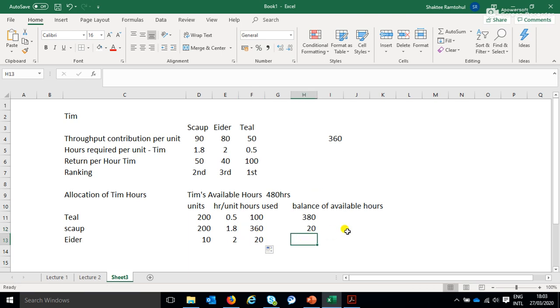And what's remaining? Now it's 0 hours. So if we want to ensure that we use Tim's capacity effectively, in total we would manufacture 200 units of teal, 200 units of scalp, but only 10 units of eider.